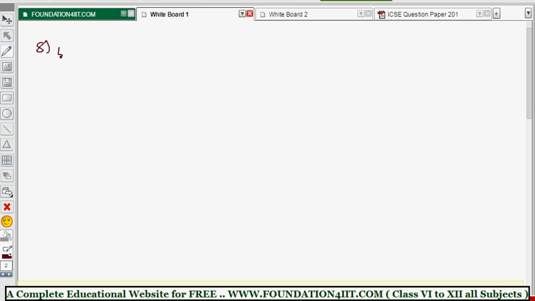Marks and number of students are given, and the number of students is fi. We need to find xi and fi xi. So we'll apply the formula. Let's take this.